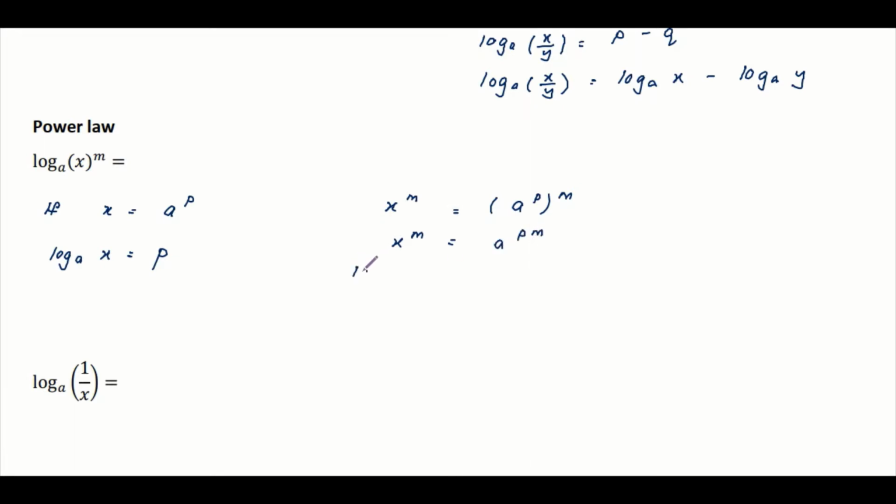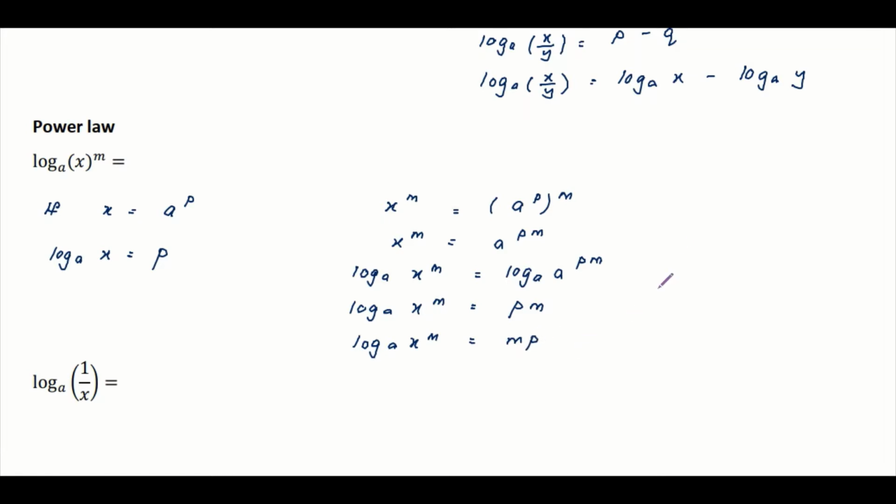So let's take log of both sides. So log_a x^m equals log_a a^(pm). You will realize that log_a a, you're left with pm, correct? So I try to change it around, so I can write it in the form of mp.